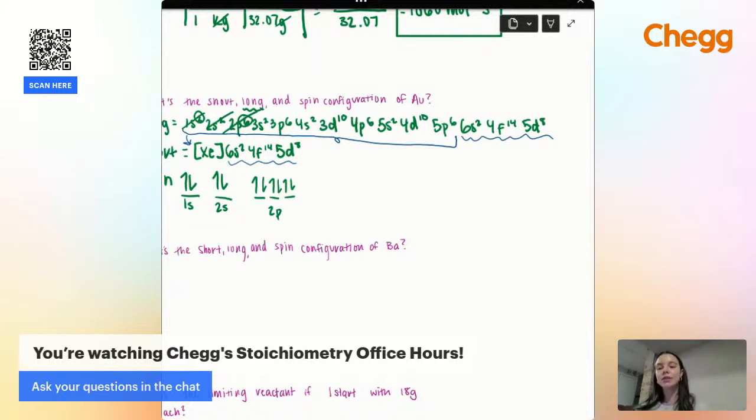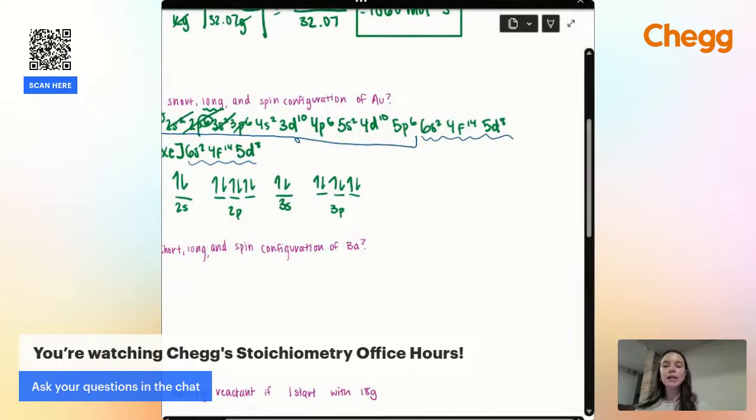So then we're going to go to 3s, same as our 1s and 2s. 3p, same as our 2p. Up, up, up, down, down, down. Then we're going to go to 4s, same as 1s, 2s, and 3s, so we have an up arrow, down arrow.